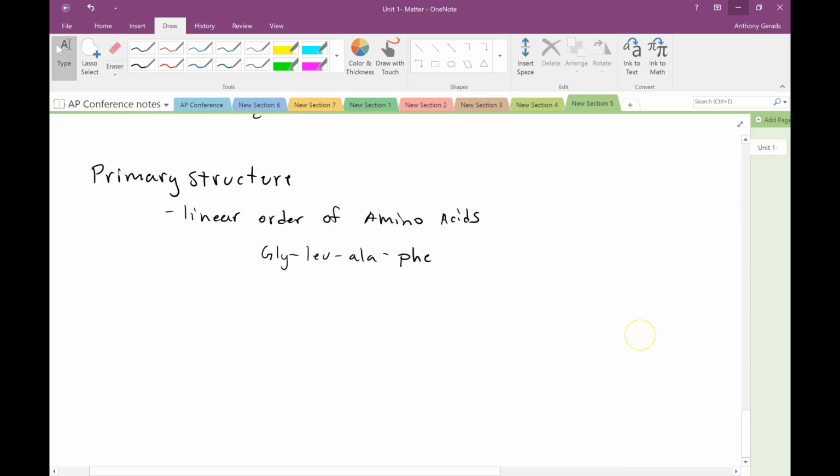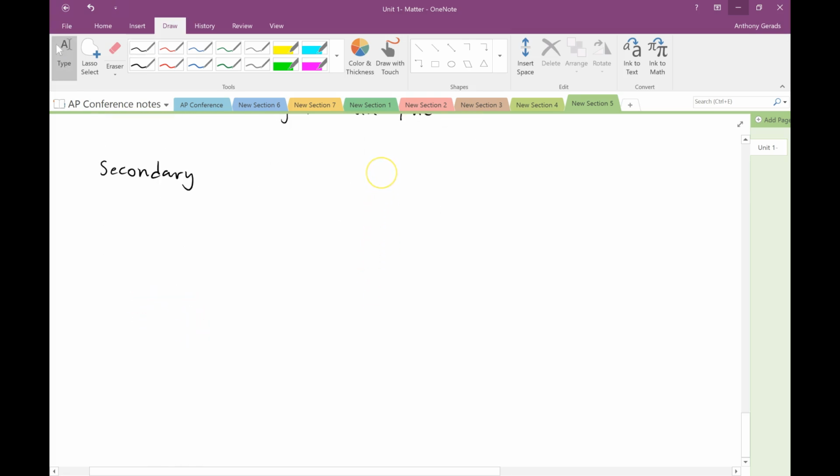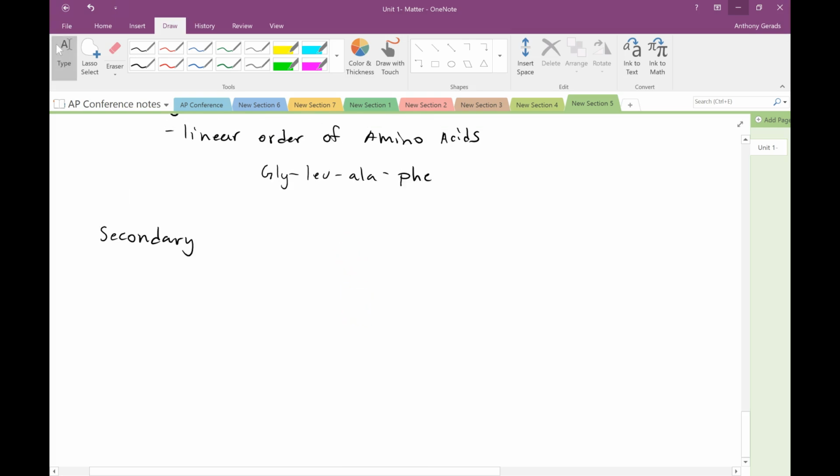Then we can get a little more complicated. Secondary. Secondary structure is going to be either alpha helix or beta pleated.